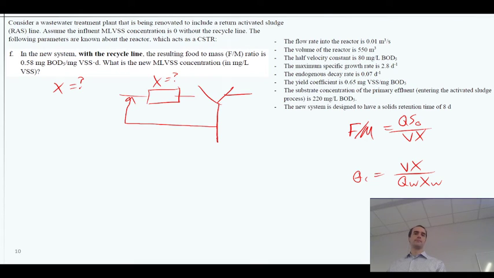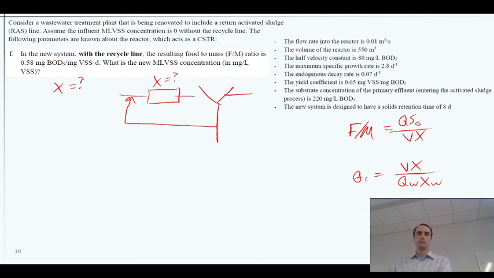There's a Q from prior, the 0.01. Our new Q would be, so it should be 150, right?